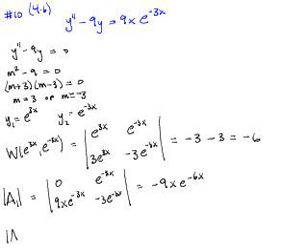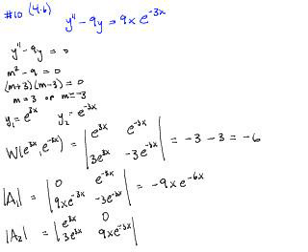Okay, and then a2, which is going to be the determinant of e to the 3x, 3e to the 3x, and then 0, 9x e to the minus 3x. And this one now is going to be just equal to 9x.